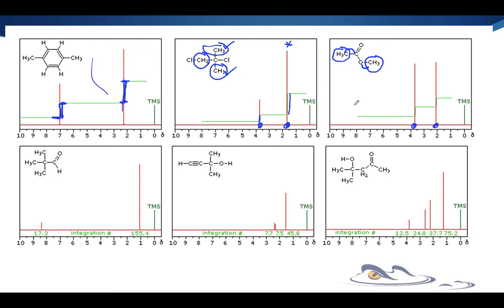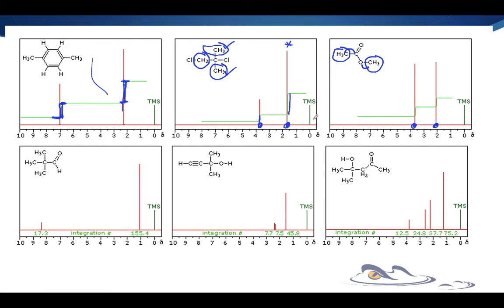So even though they are similar to each other, they're both methyl groups, the carbons to which those hydrogens are bonded are bonded to something else. And that changes the shielding.